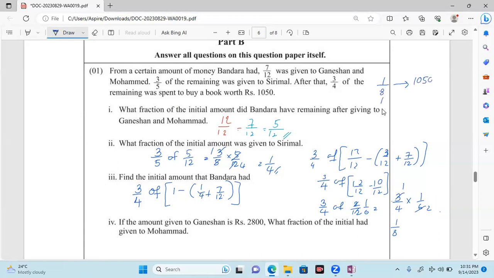Then 8 into 1050. It is 8,400 rupees. Okay, initial amount is 8,400.